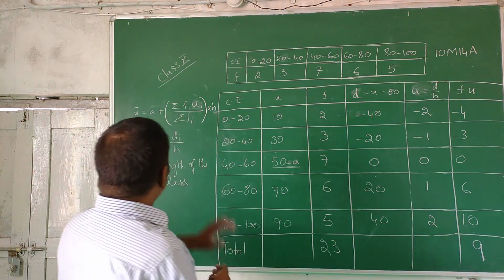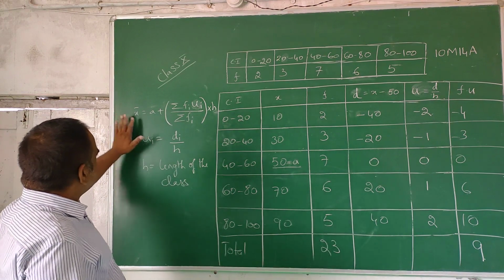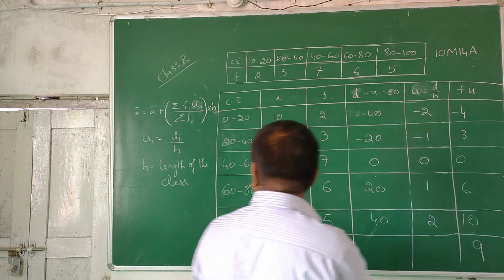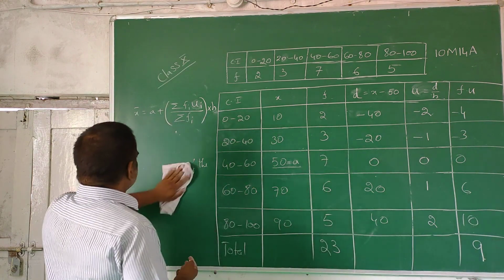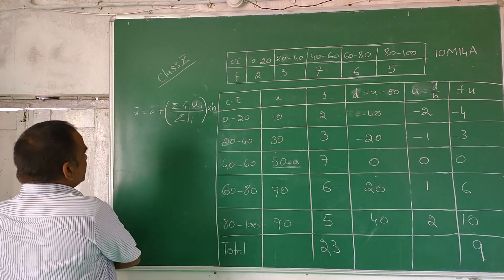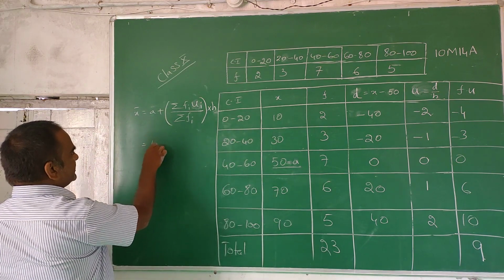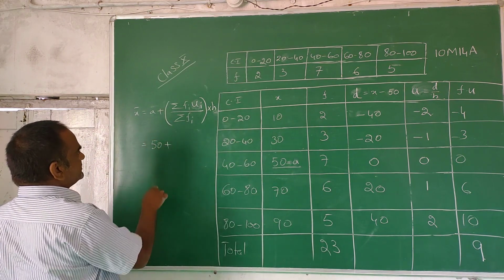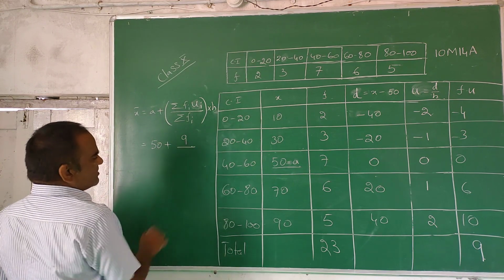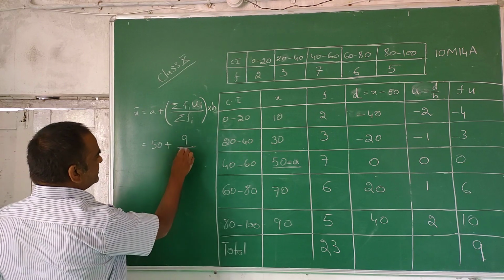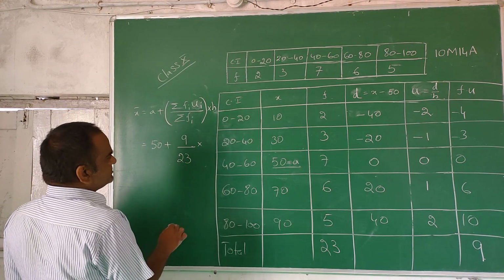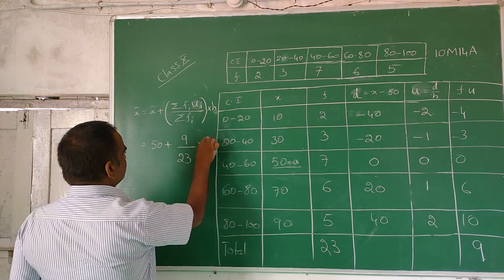So now let us come to this side. I'm just going to take the formula because I already explained this. Let us put the values here. A is 50 plus summation Fi Ui, you got 9, over summation Fi, you got 23, into h, you got 20.